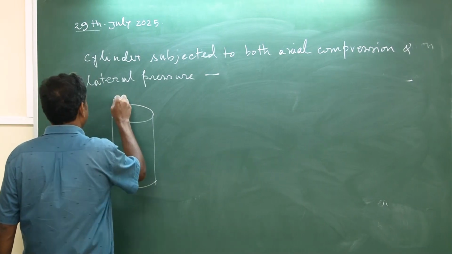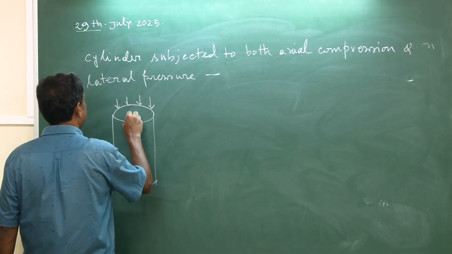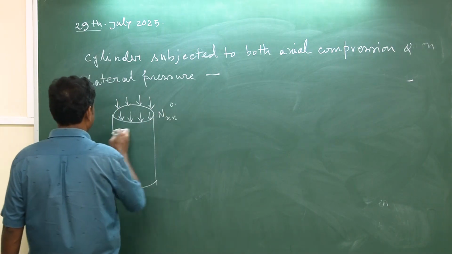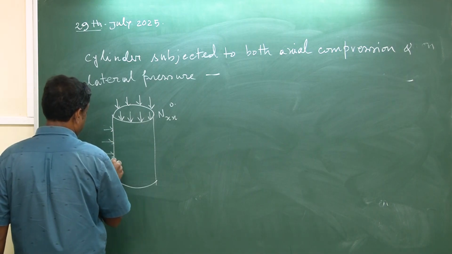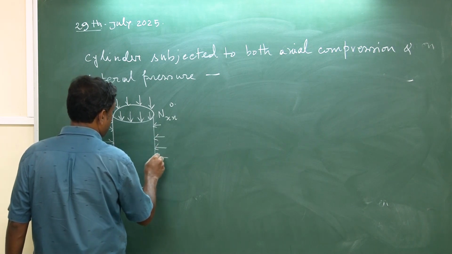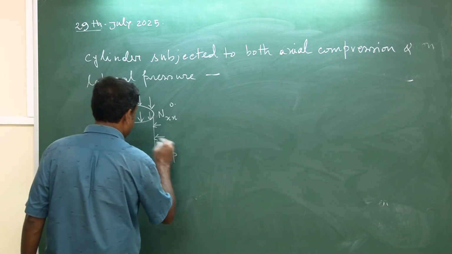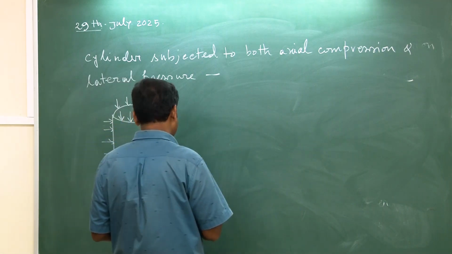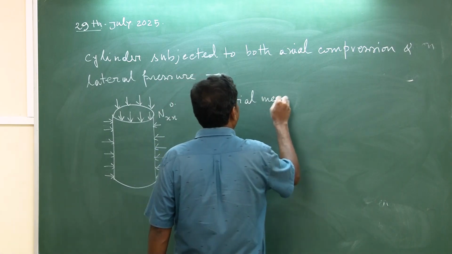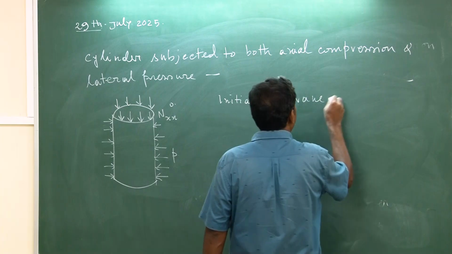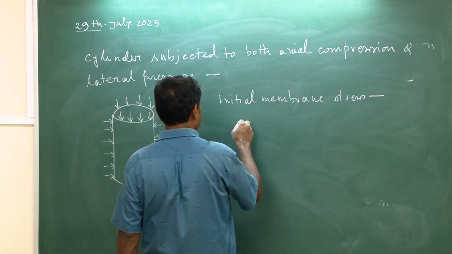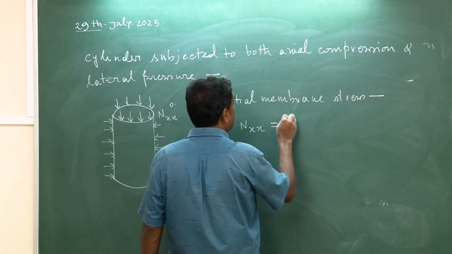Here it is axially compressed with nxx0, and this pressure is P. For this case, once again, the initial membrane stress nxx will of course be nyy by 2.